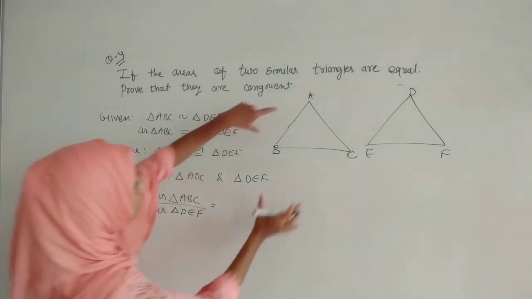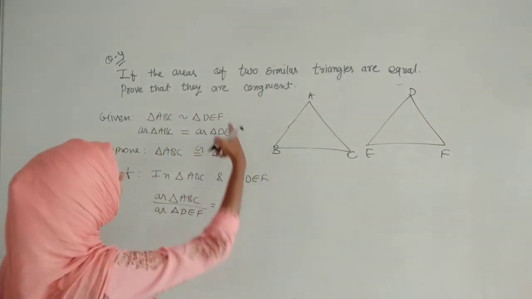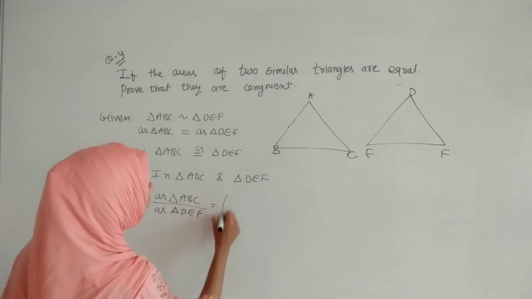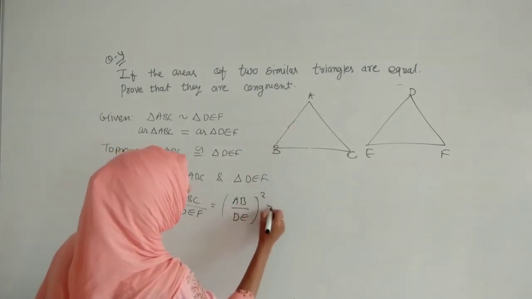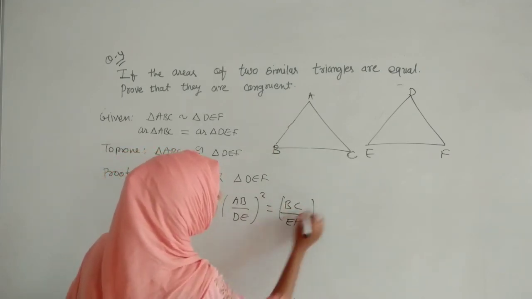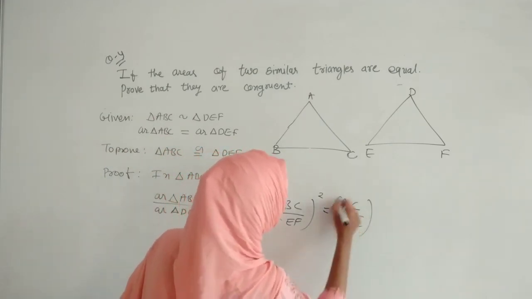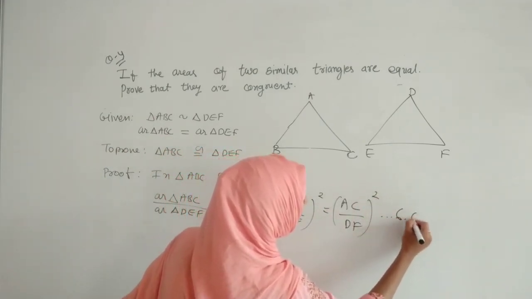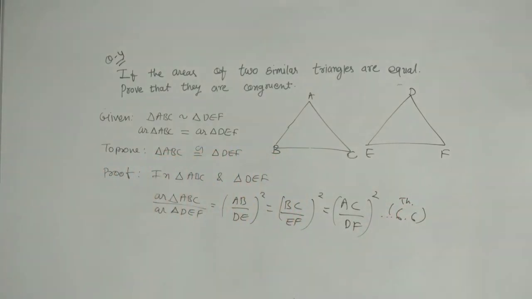Here we will write ratios of it, because triangle ABC is similar to DEF, that we can write from our given. So ratios of the sides: AB by DE whole square equals BC by EF whole square equals AC by DF whole square. How did we write this? From theorem 6.6. So here I have mentioned that it is from theorem 6.6.